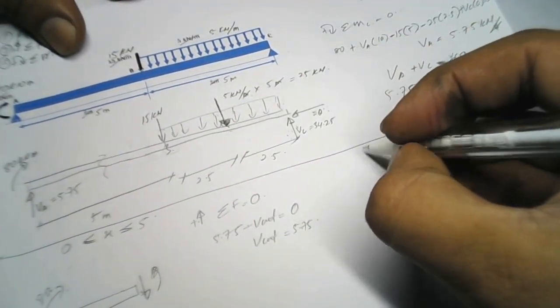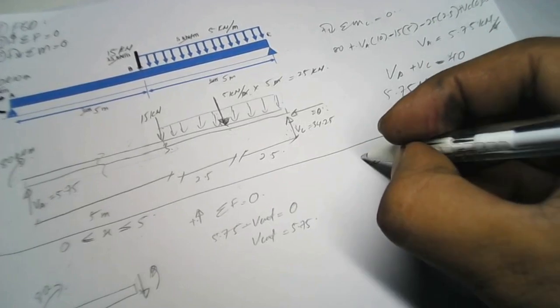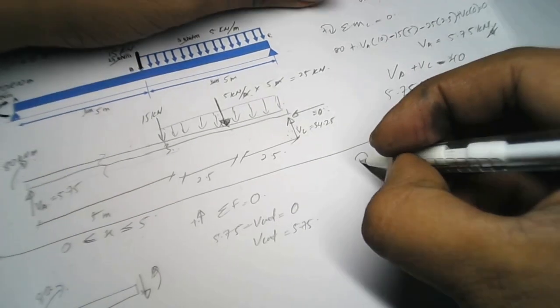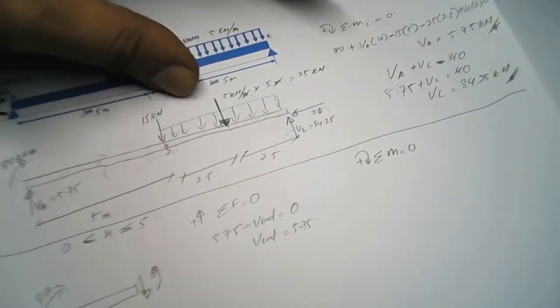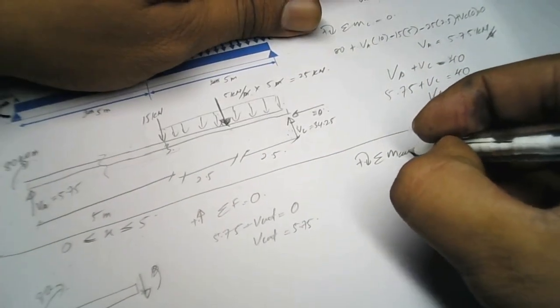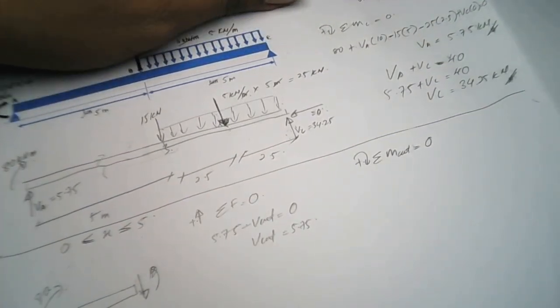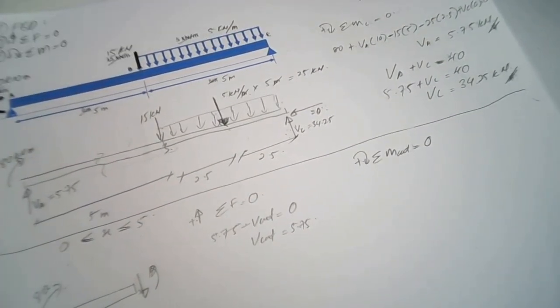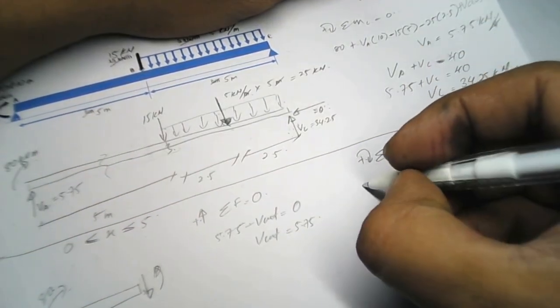All right, then we go to the third step here, summation of M equal to 0. I declare clockwise is positive, and our moment here I define at the cut point. We have to mention the cut. How many moments do we have here? We have four moments to sum. The first one is 80.